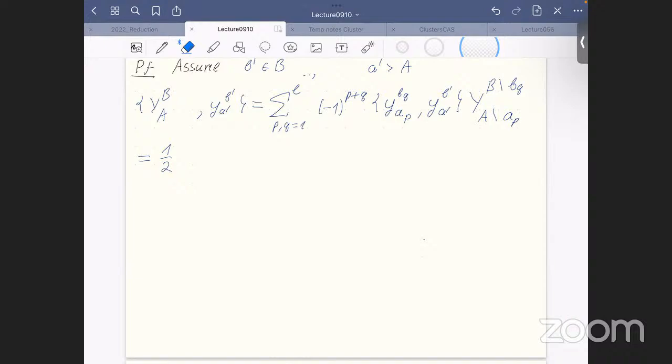Okay. Now we have to write down the formula with signs. So this is equal to, we have two terms.